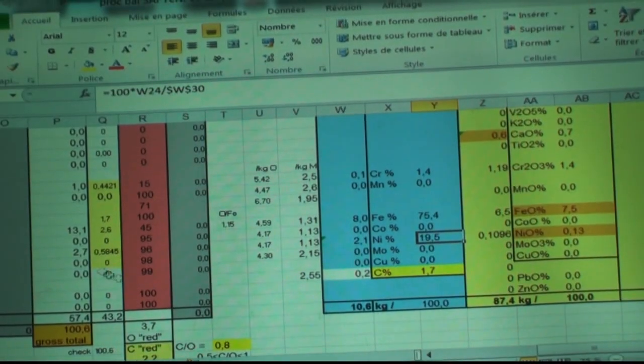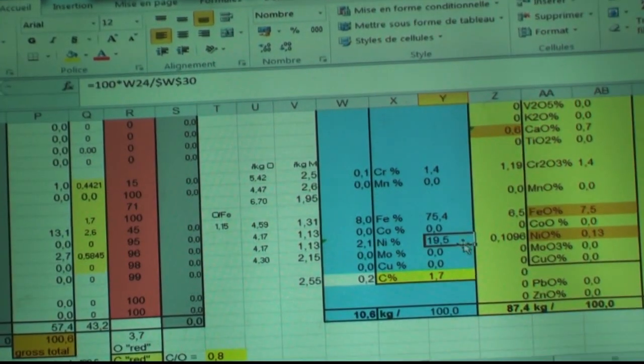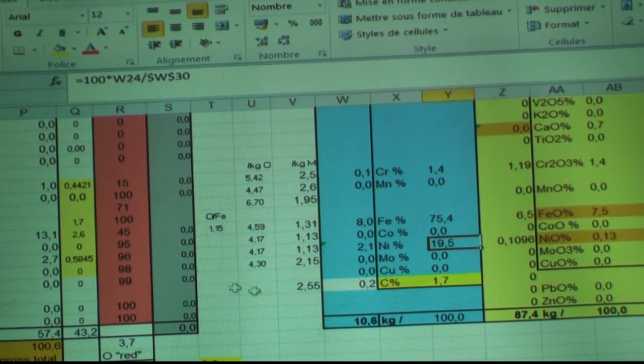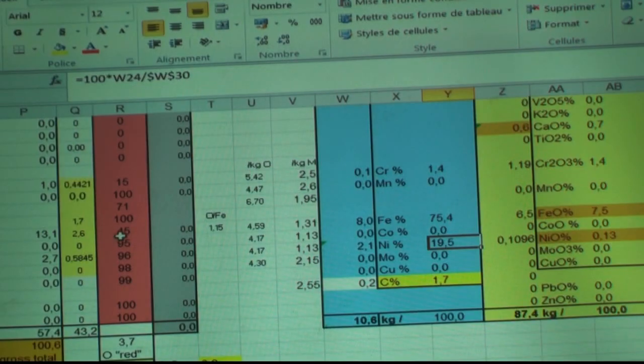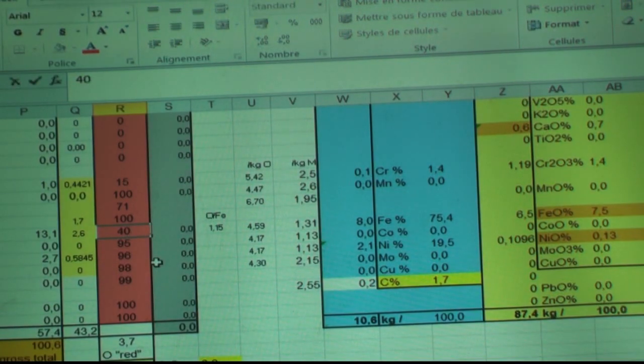See, here we have increased the yield. Actually, no, excuse me, we have decreased the yield to be close to 20%. You understand what I mean? Yeah. And if I decrease more, 40 instead of 45, I will have more than 20%.